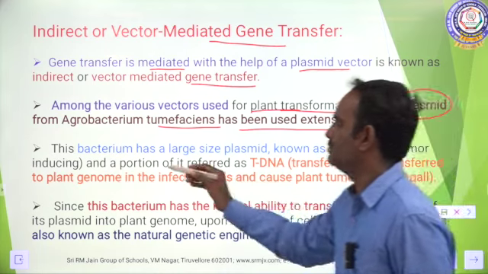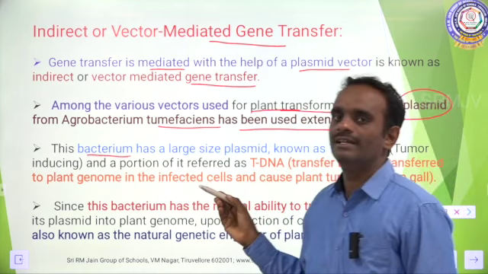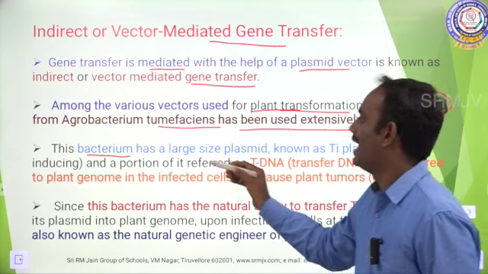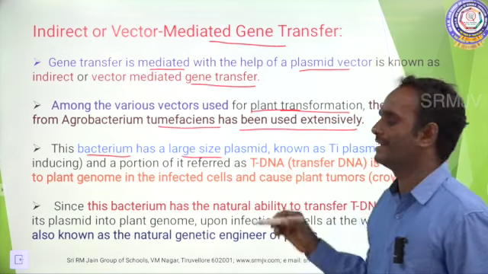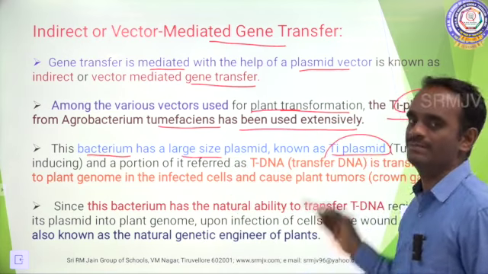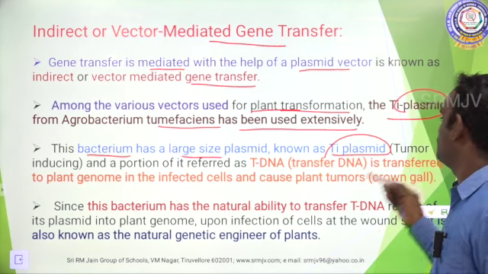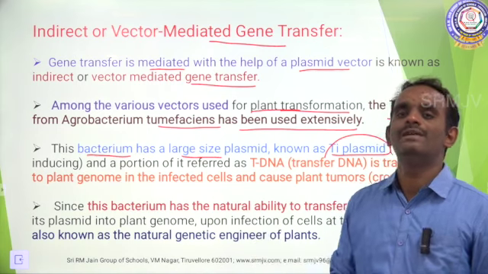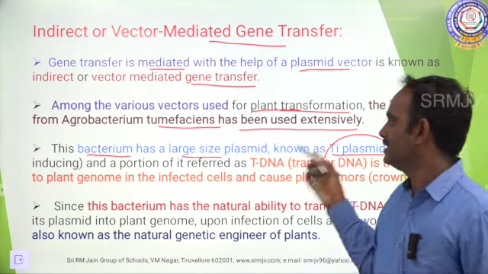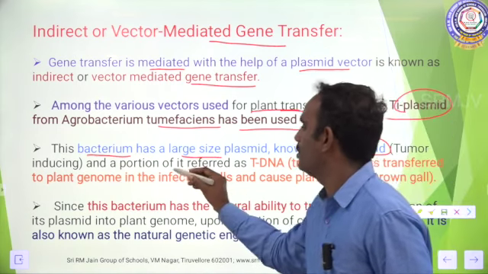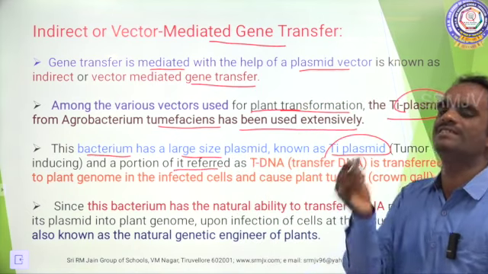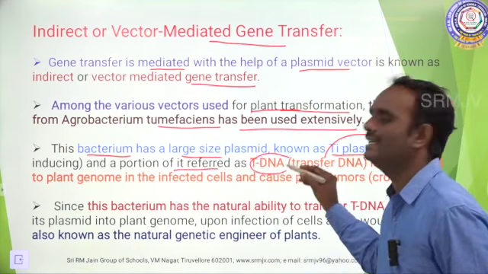Okay. So this bacterium, what bacterium? That is Agrobacterium tumefaciens, which has a large plasmid known as the Ti plasmid. Ti plasmid means tumor inducing plasmid. A small portion of the Ti plasmid is referred to as tDNA.